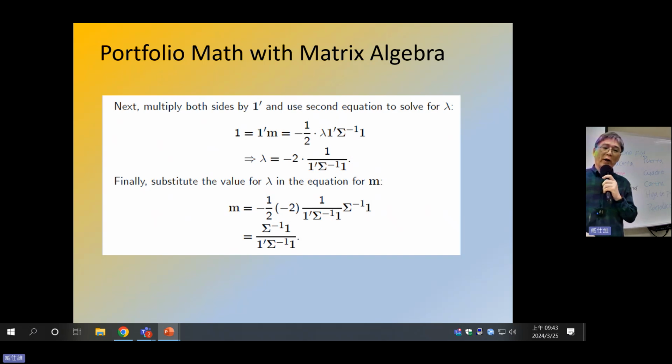In this way we find the solution to lambda, plug in the lambda, and finally get the m. So these two approaches are basically the same, but to be clearer, this is a weighting formula. You can use this formula directly to do the calculation.